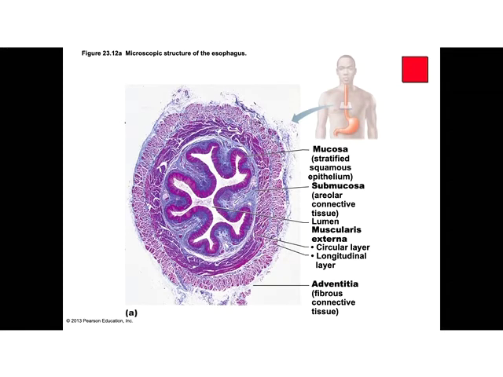You can see the same tissues in the esophagus as you see in the rest of the alimentary canal. The esophageal mucosa is stratified squamous epithelium that changes to simple columnar when we get to the stomach. Esophageal glands in the submucosa generate mucus and lubricate the bolus on its way down.